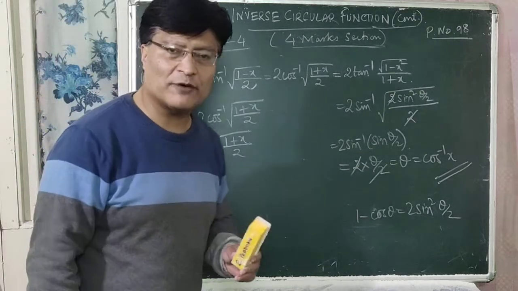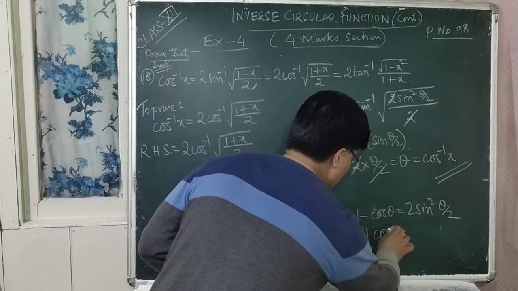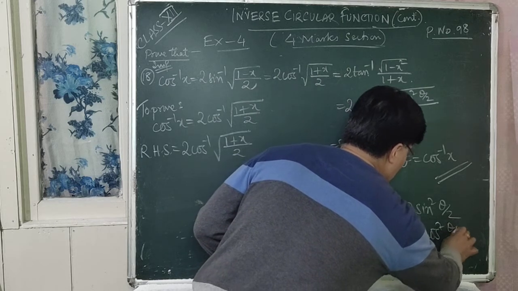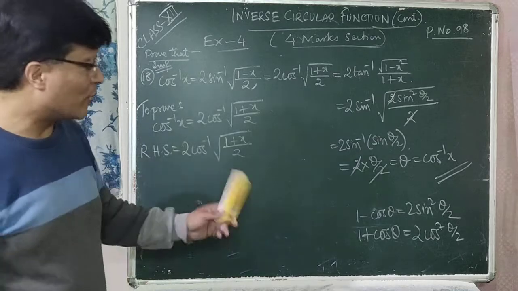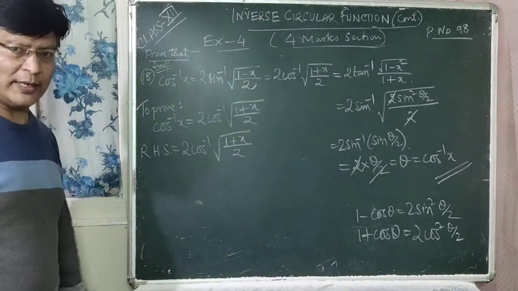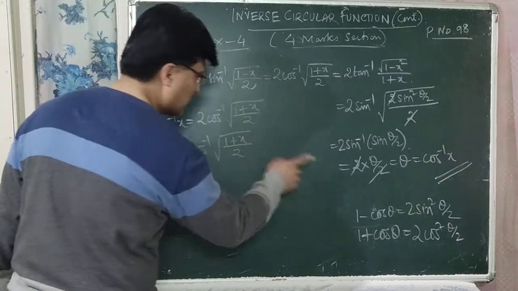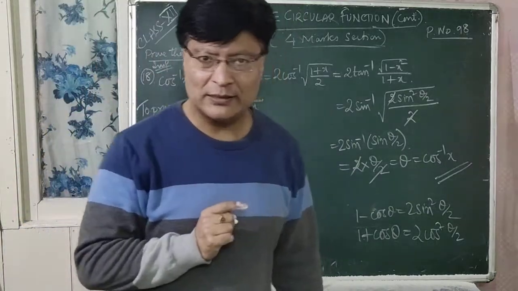So you know the formula from submultiple angle again. What is 1 plus cos theta? 1 plus cos theta will be equal to what? 2 cos square theta by 2. Is it clear? So 1 plus cos theta को formula के रहेछ? It is 2 cos square theta by 2. ठीक छ? So let us put x is equal to cos theta again. That is, trigonometric substitution is done here, right?